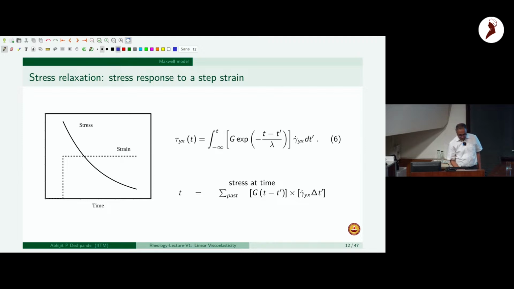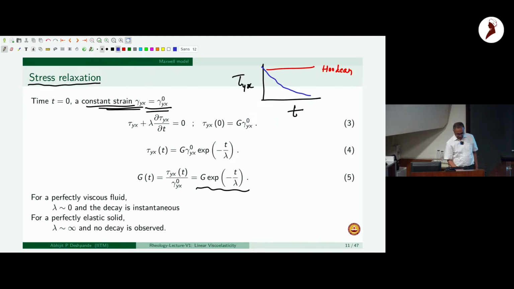And this is the integral formulation of the same equation. We can cast the first order ODE in terms of an integral, and this kernel is basically the relaxation that you saw here, right? So we define something called a relaxation modulus.